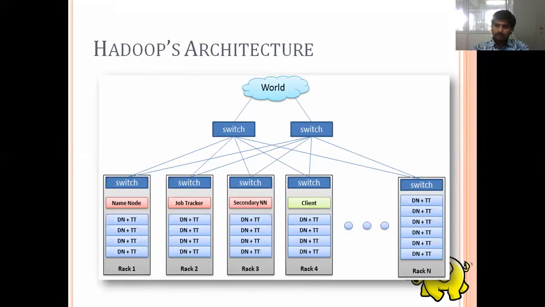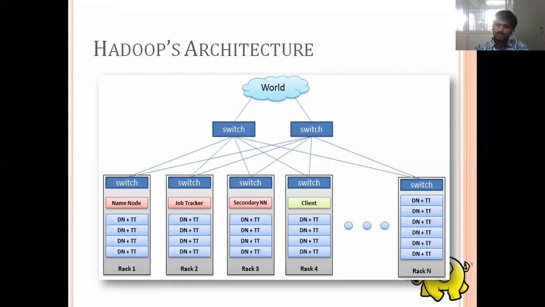So the default replication size is 3 nodes. Then we store the 3 nodes in different places. There we have some simple calculations also. If 5 nodes are there, how many nodes do we need to create, how many racks do we need to create? What is the size of replication?